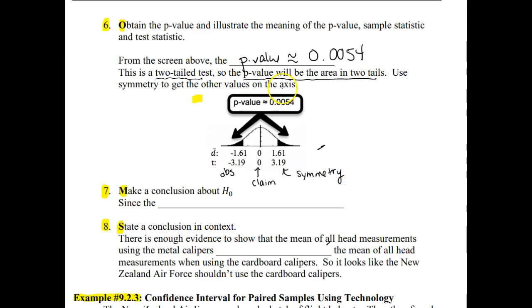Those are what we got by using symmetry to get the cut scores for the other side tail. These are centered at 0, so if this tail goes back to negative 1.61, to the right it's going to be positive 1.61. And the t-score, if this one's negative 3.19, in the same distance in the other direction, that's going to be positive 3.19.